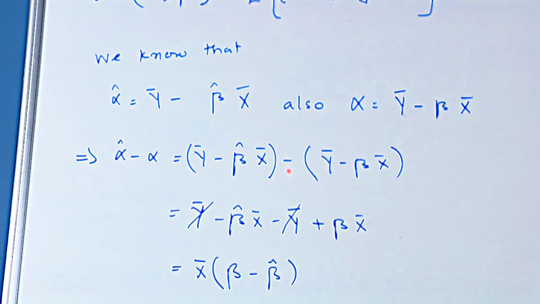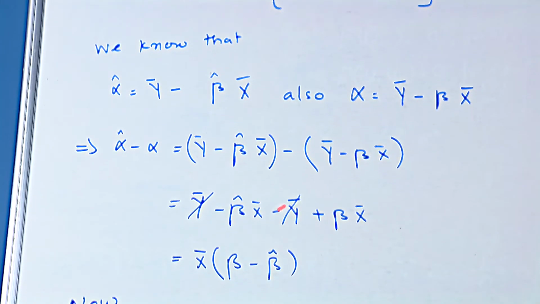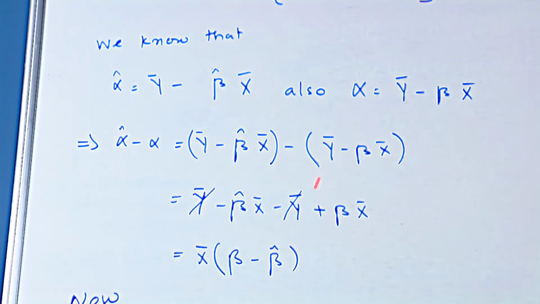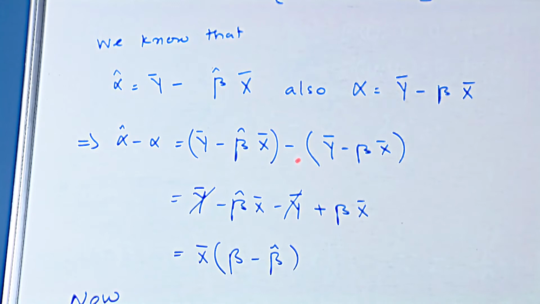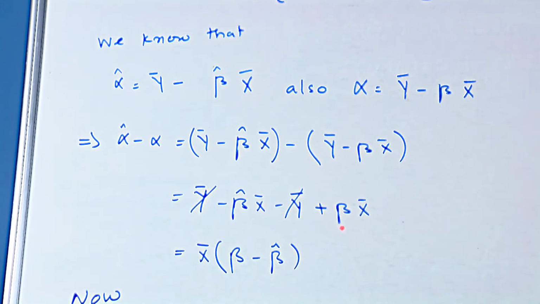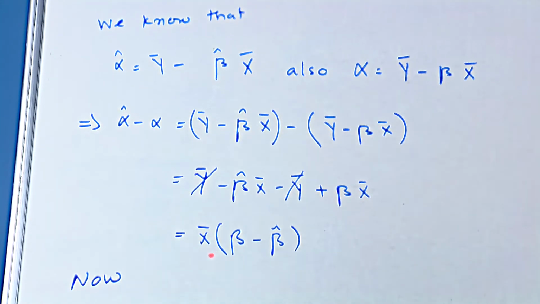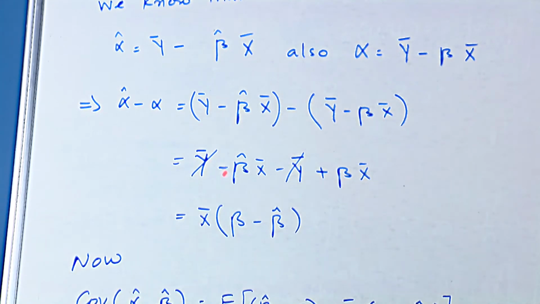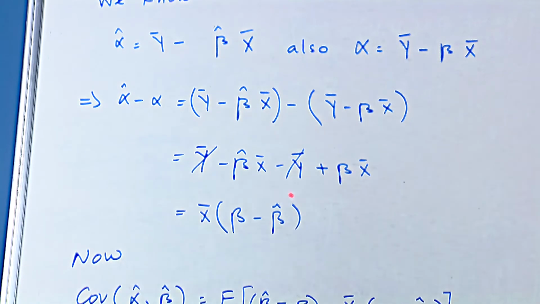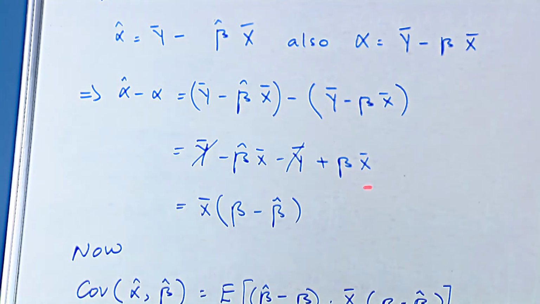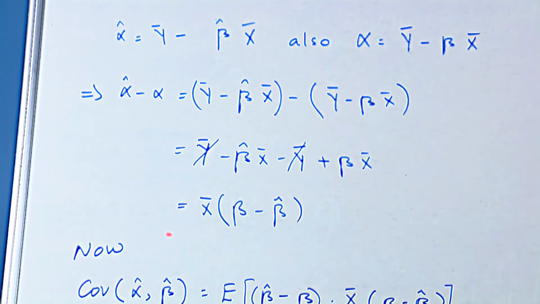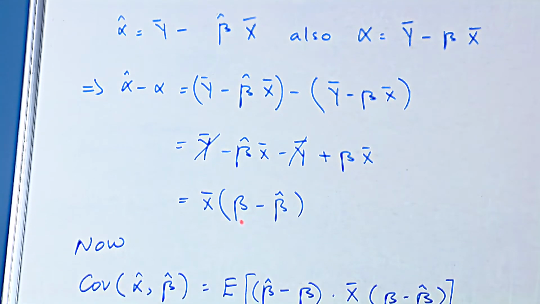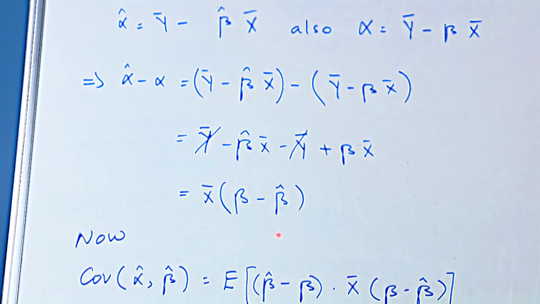So taking this minus inside, we get y bar minus beta hat x bar minus y bar plus beta x bar. Both y bar terms get cancelled, and at the end you will have two terms left, and we may reduce these two terms into one, x bar into beta minus beta hat.